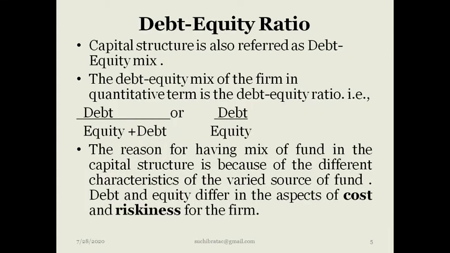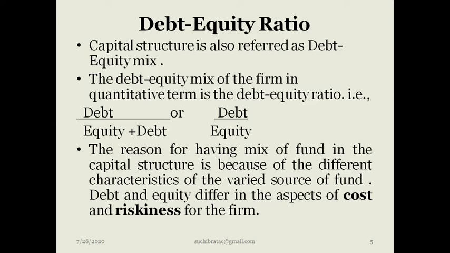And in quantitative terms, it can be expressed as debt equity ratio. So the two ratios I have shown in the slide can be expressed as debt by equity or debt by total capital.